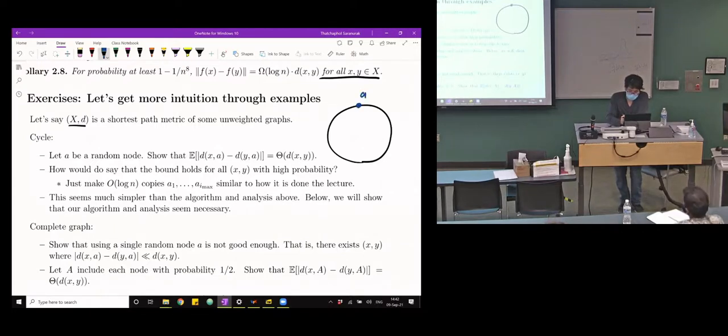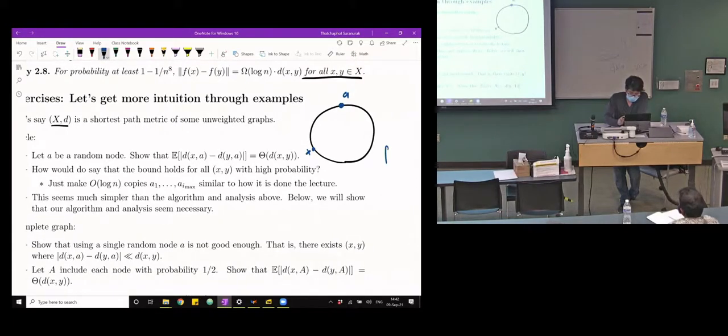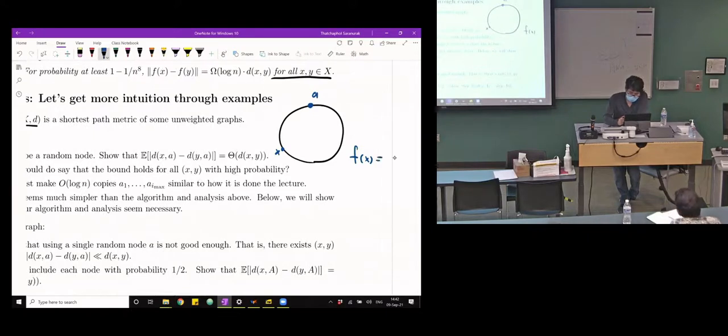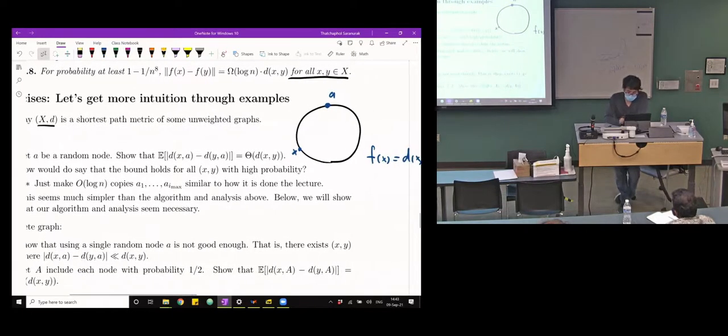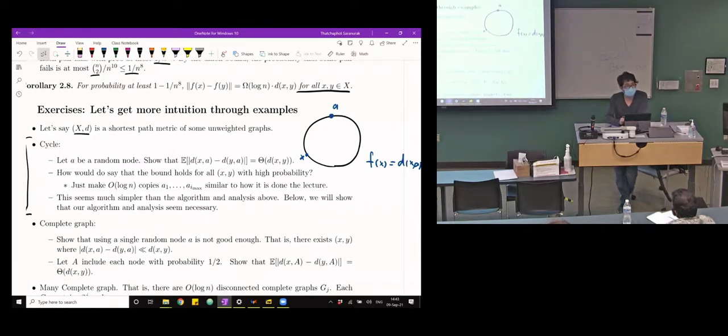I literally just choose a random point A, and for every point x, I define the mapping to be the distance to this random point A. Actually, this is already good on a cycle. Because for any other point y, it turns out that the difference between the distance from x to A and from y to A will be something like the original distance. So why is that the case?